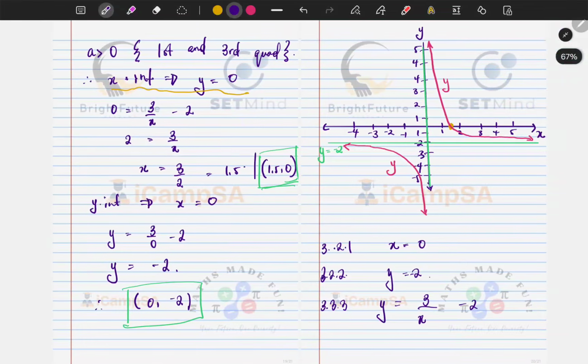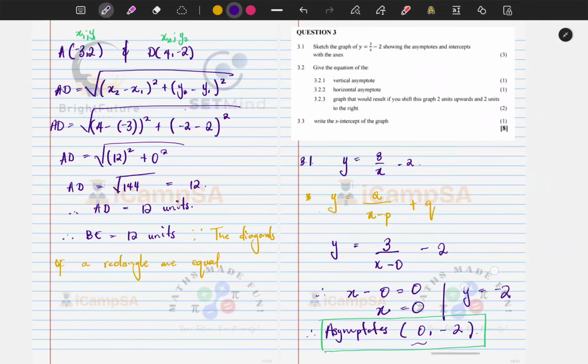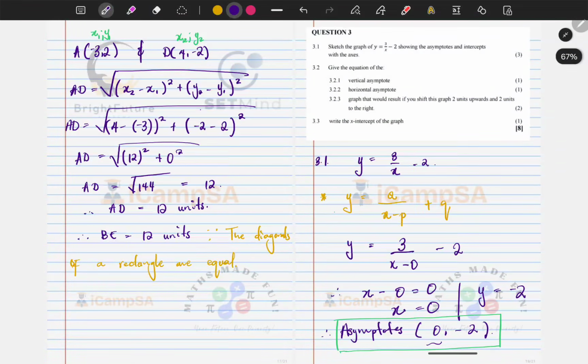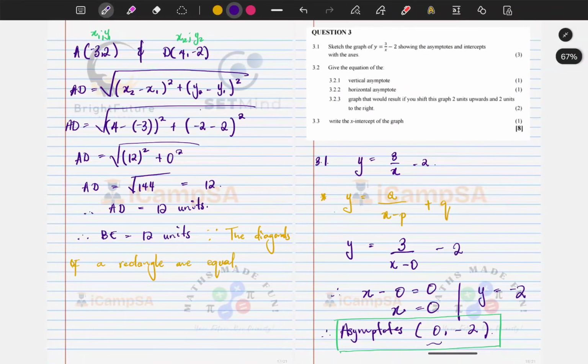So if we shift the graph 2 units up, it is going to affect our value of q. So it's going to be +2. And then it also shifts 2 units to the right.